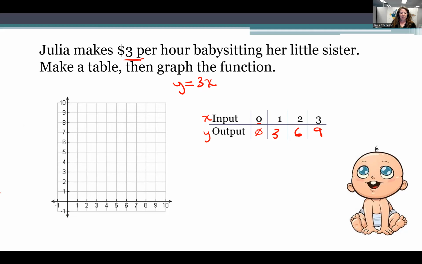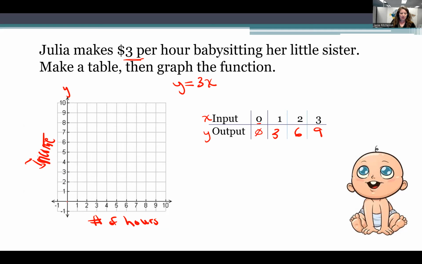So if we graph this, our X coordinate, or our horizontal coordinate, is going to be number of hours. And our Y axis is going to be how much she makes, Julia's income. I'll just pretend that clearly says income.